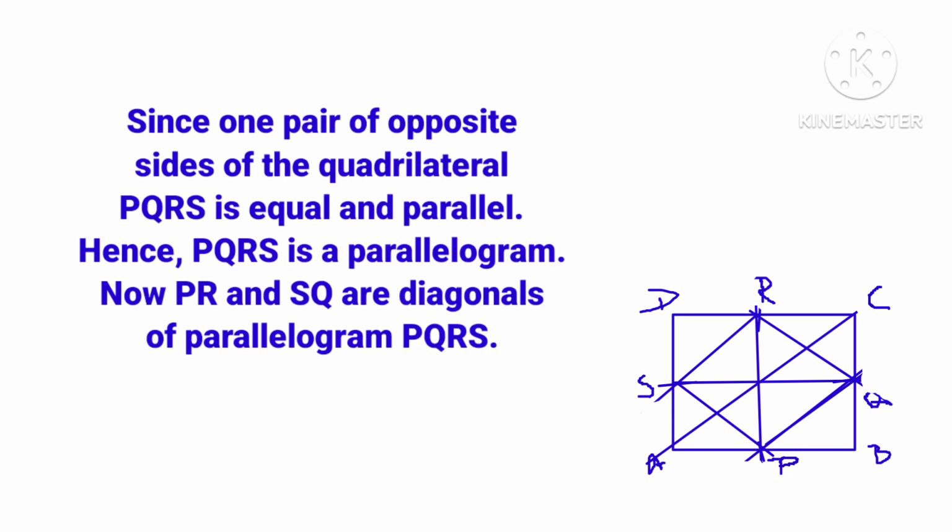Since one pair of opposite sides of quadrilateral PQRS is equal and parallel, hence PQRS is a parallelogram. Now PR and SQ are diagonals of parallelogram PQRS.